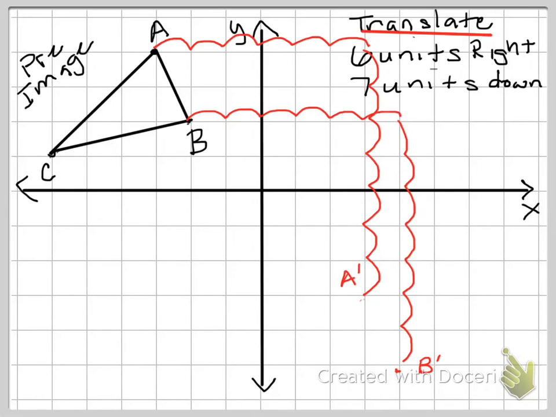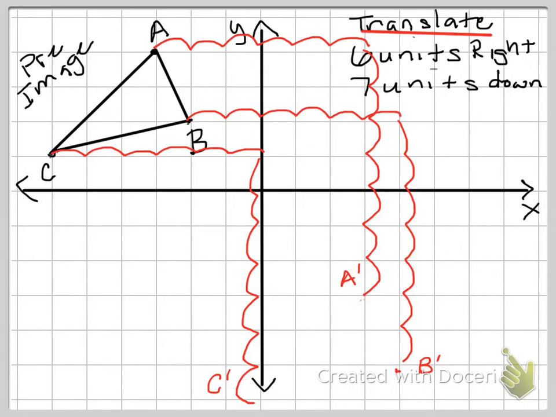Right, and same thing with the C. 6 units to the right, 1, 2, 3, 4, 5, 6. Then down 1, 2, 3, 4, 5, 6, 7, all the way down there. That's going to be my C prime.